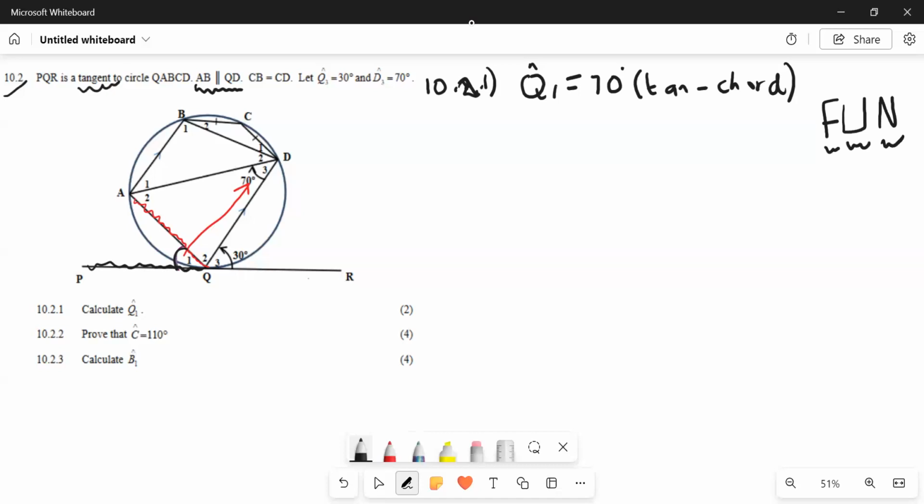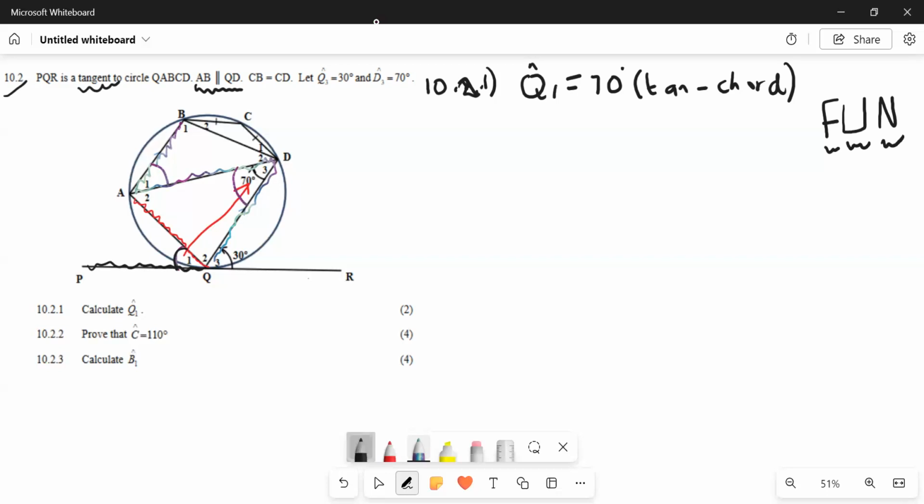So we need to find F, U, or N from our sketch. So if we go back to our sketch, we have a Z there, the Z, right? Which makes A1 equal to 70, right?